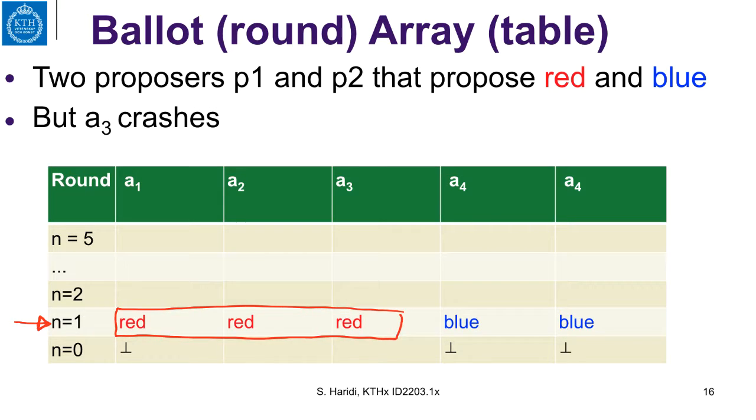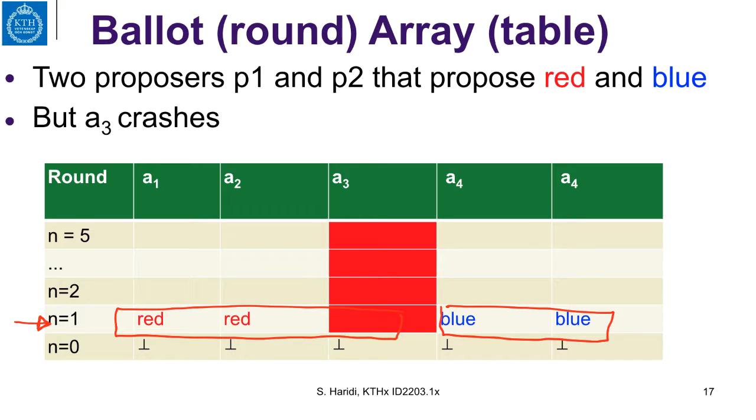We have a majority of acceptors accepting red, and a minority accepting blue. This happened there. But as we said, P3 crashes. So that's what we have now. We have this situation: two reds and two blues. So we are in a situation where we cannot distinguish which of the two proposals we should choose.